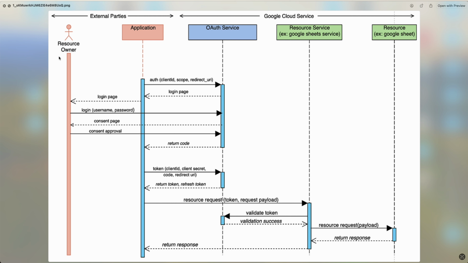In this flow, we have users, application, OAuth service, resource service, and resource. First, the resource owner or user clicks on the login with GitHub or Google button. Then the application makes a request with the client ID, scopes, and redirect URL to the OAuth server.